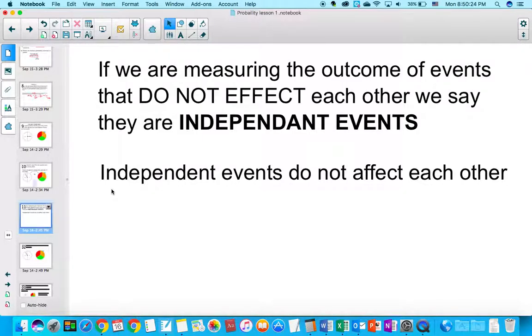You need to know this because on a question I'll ask you whether an event is independent or dependent. Independent events are events where the different events don't change the probability of the other event.